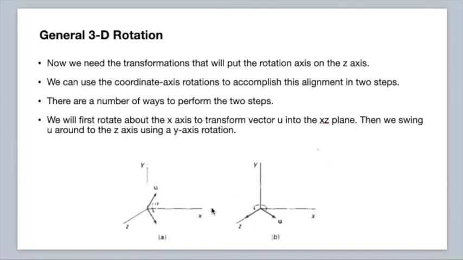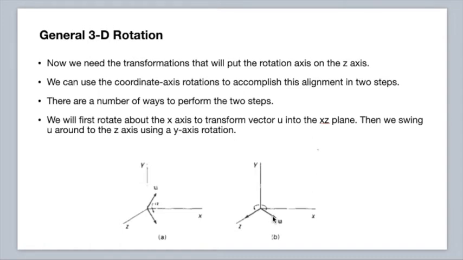Okay, so that is shown here. This p1 dash p2, which is in the direction u, or with the unit vector u, is rotated to the xz plane. Okay, then in the second step you swing it around the z axis using y axis rotation.